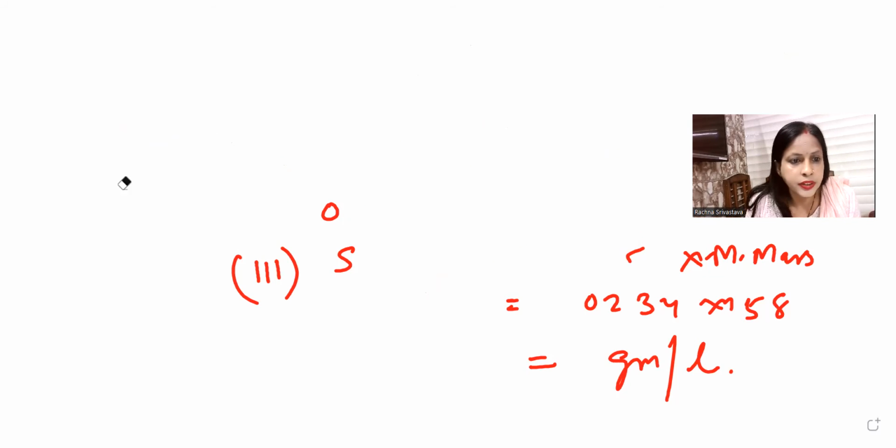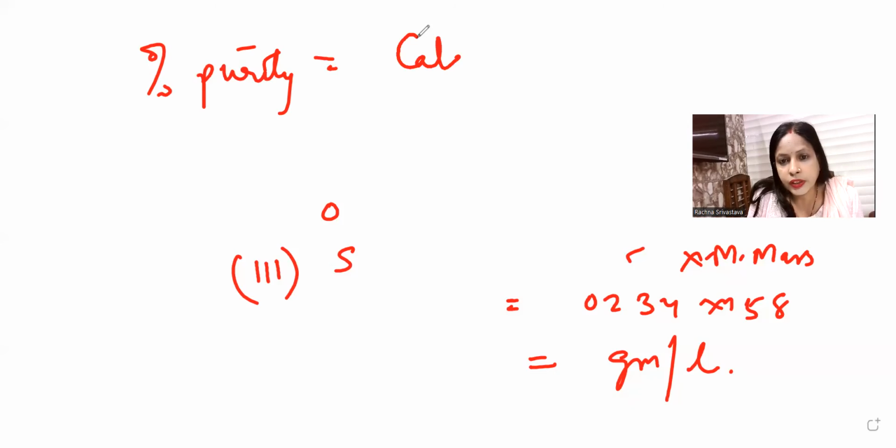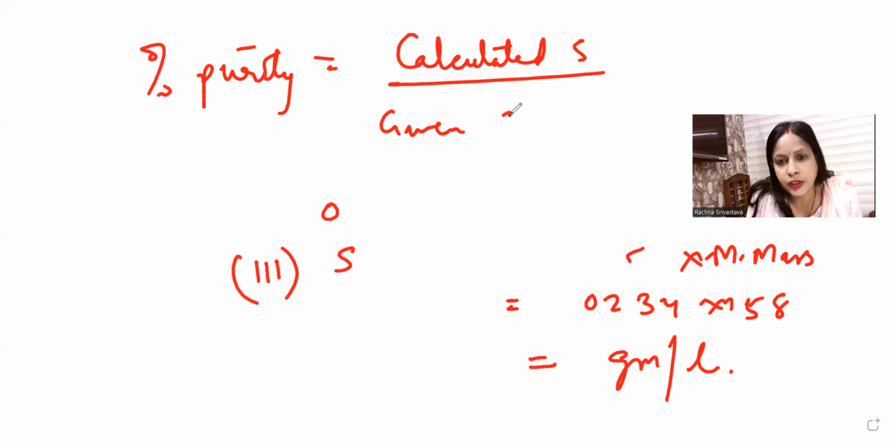So the formula for percentage purity will be the calculated strength, which you have calculated from the third part, upon the given strength, which is printed in the question paper, into 100, because it is percentage purity. Your answer should be less than 100, because percentage means something which we are calculating out of 100, so it should not exceed. If it is exceeding, that means you have made a mistake.